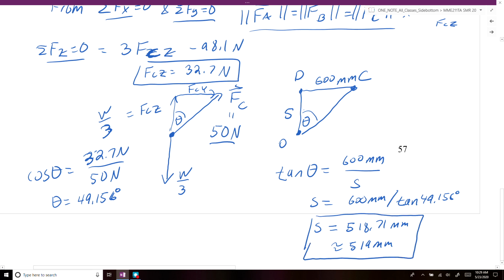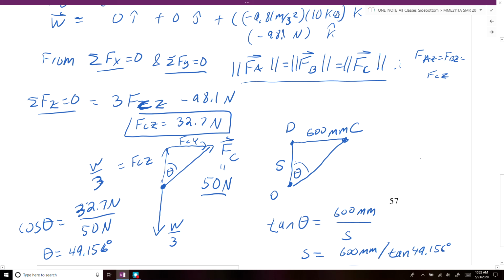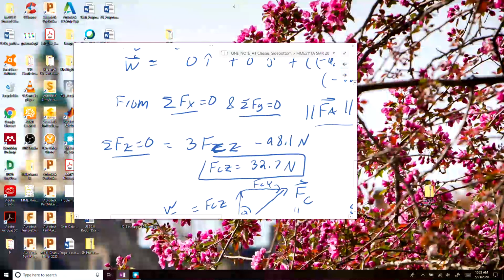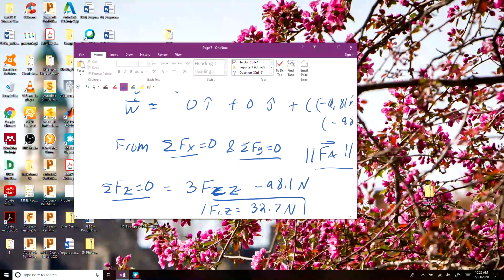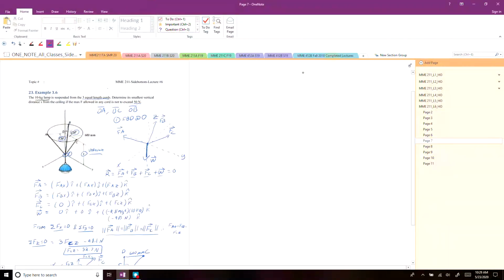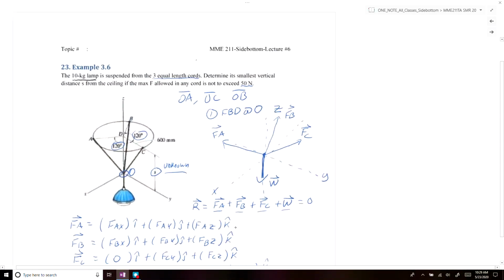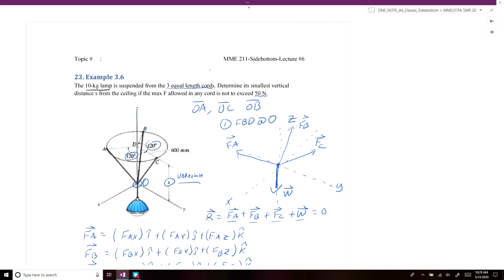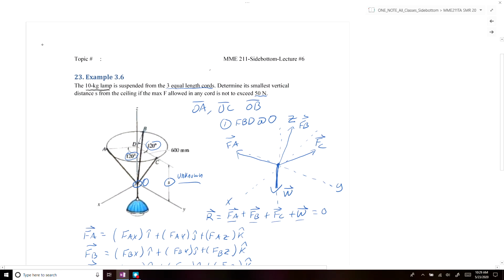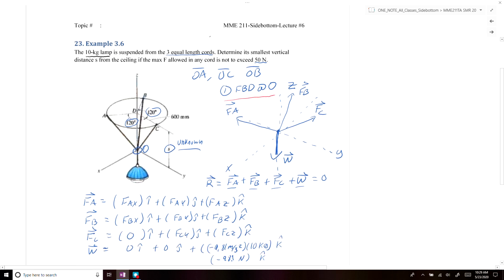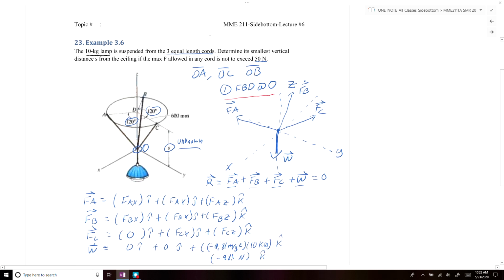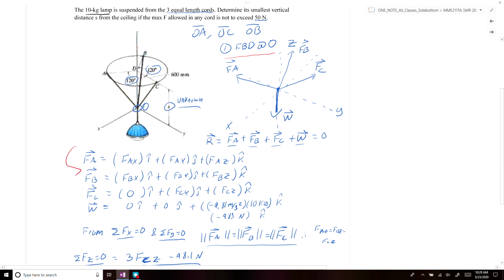Right. So to recap this problem, we first drew our free body diagram at the origin point where all of our forces connected. We then defined all of our forces using Cartesian vectors.